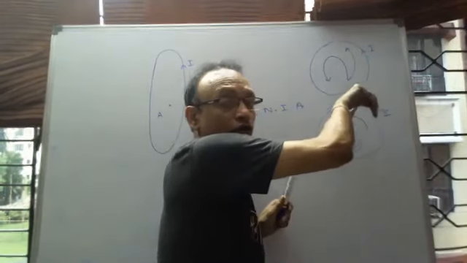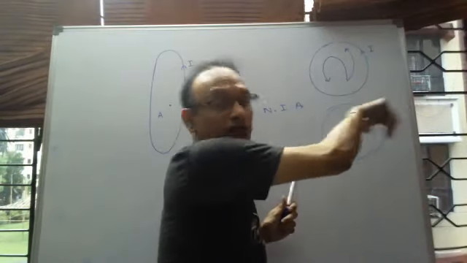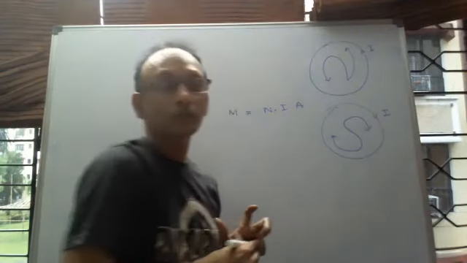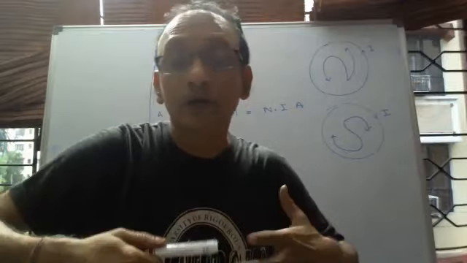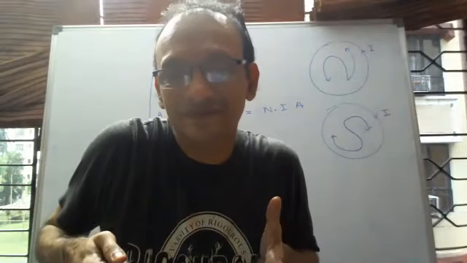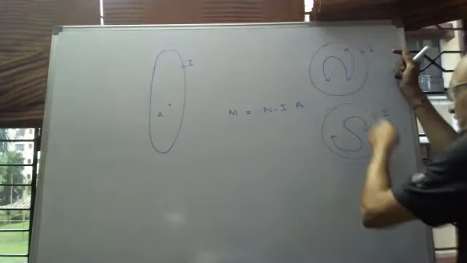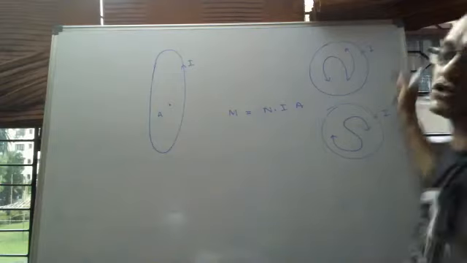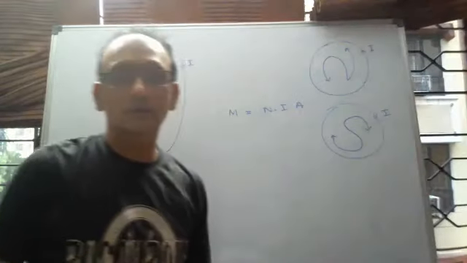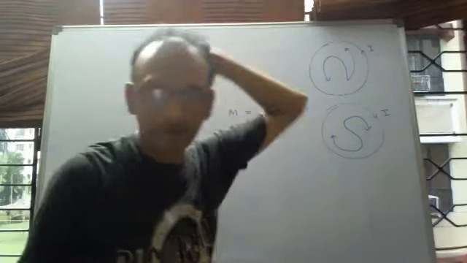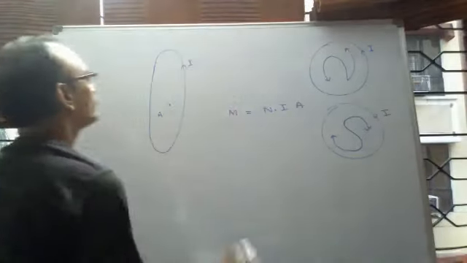Going into. अगर ये साउथ पोल होगा, तो ये साउथ पोल होगा. So every current carrying loop behaves like a bar magnet. And the end of the loop where the current is going anti-clockwise, that behaves like a north pole. Where the current is going clockwise, that behaves like a south pole of the magnet. And the magnetic moment is NI. All right.